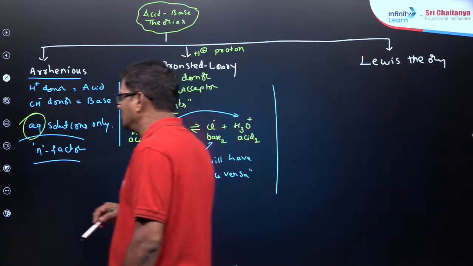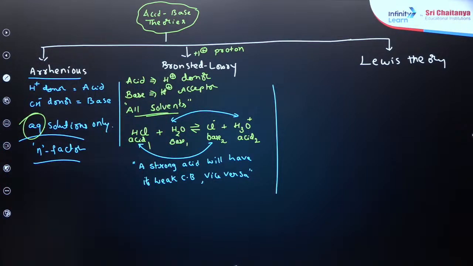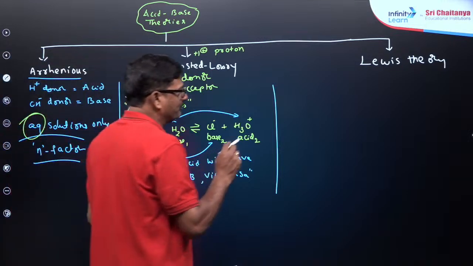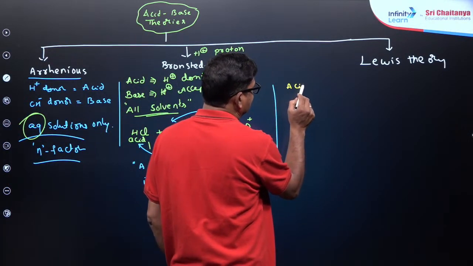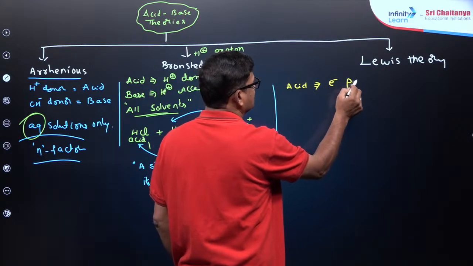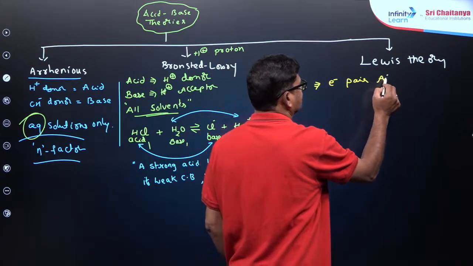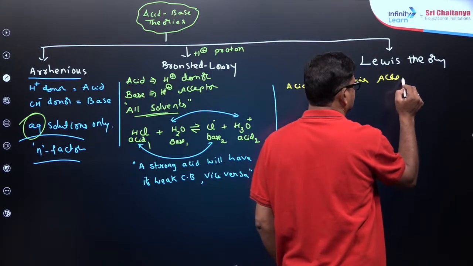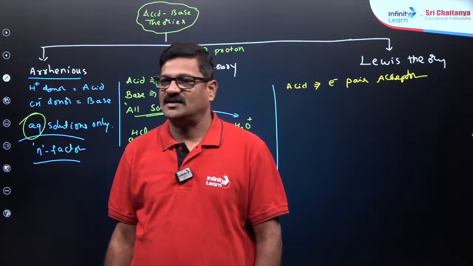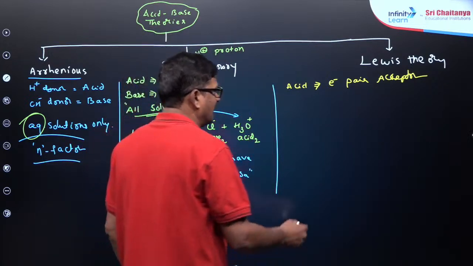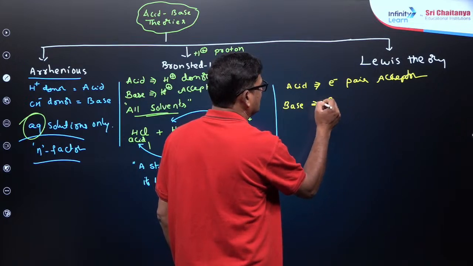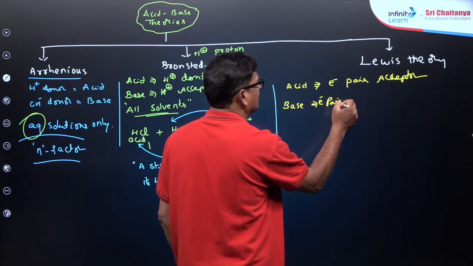Talking about what is there in the Lewis theory. In this Lewis theory, you can say acid is the electron pair acceptor, and base is the electron pair donor.